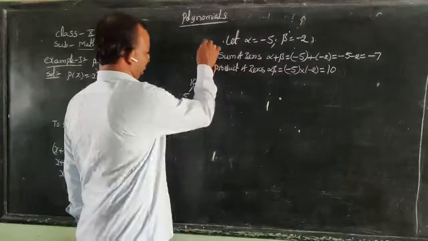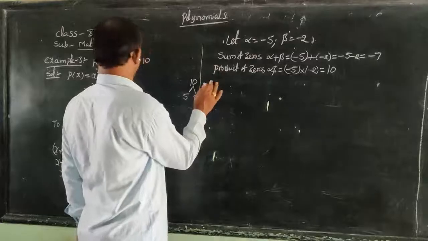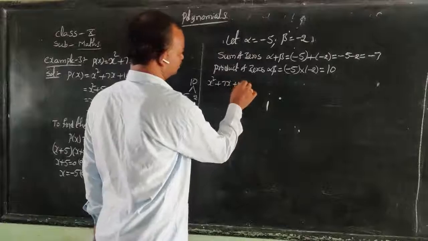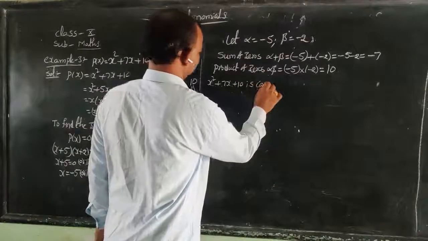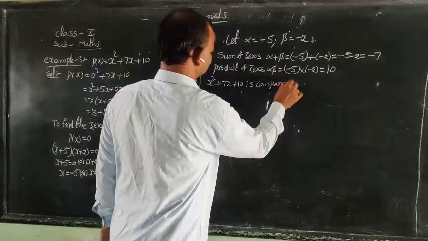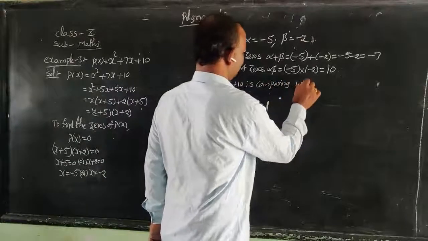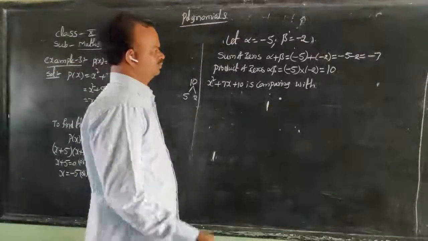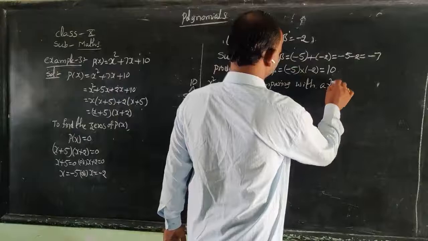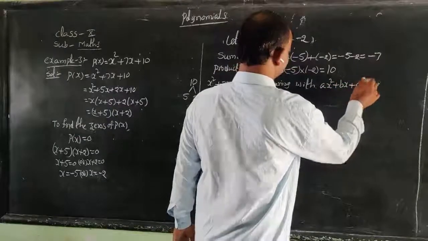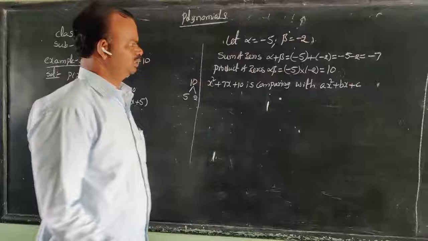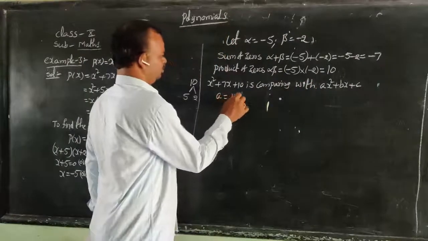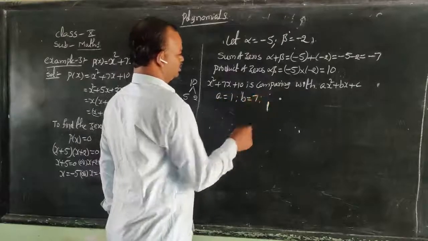Here the given polynomial x square plus 7x plus 10 is compared with ax square plus bx plus c. a is equal to 1, b is equal to 7.